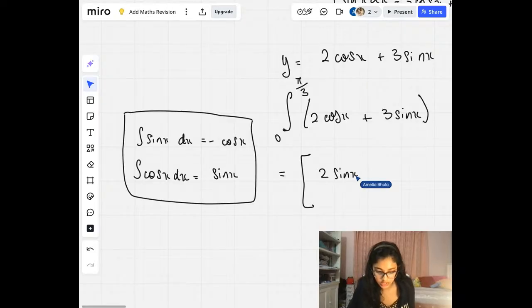Oh, I mean, this is for plus c, but that's if it was an indefinite integral. Since this is a definite integral with limits, I don't need to put that. Cos x is sine x, and for sine x, it's negative cos x.